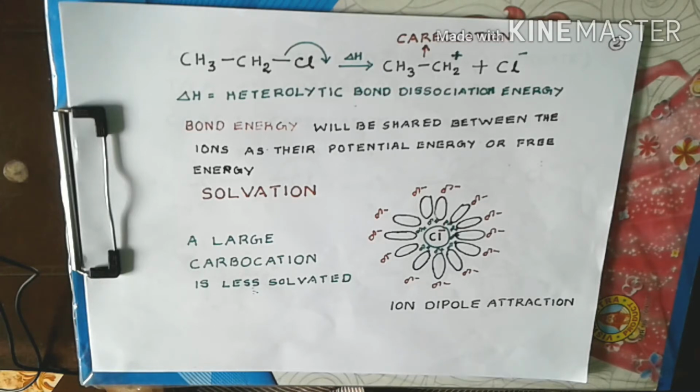Similarly, as long as we supply the energy needed to break the bond, the fragments will remain as such; they will not combine. But once we remove the energy needed to break the bond, the ethyl carbocation and the chloride ion will combine together, releasing an energy equal to the bond energy needed to break the C-Cl bond.